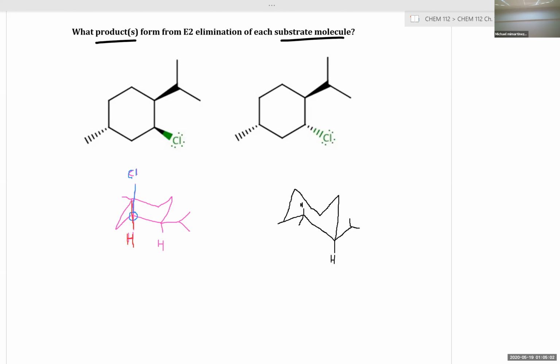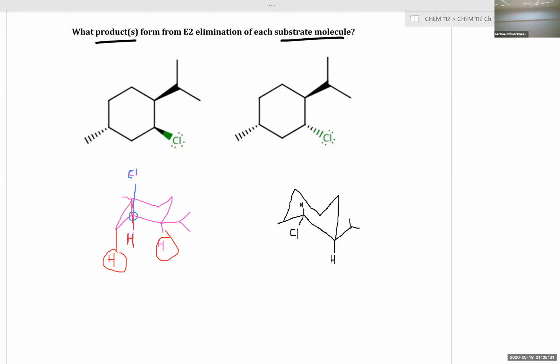So the structure on the left looks good. Just try to carefully identify your trans-diaxial hydrogens, the hydrogens on an adjacent carbon that is also in the axial position that's trans to our leaving group. And there are 2 of them for the structure on the left. Yep, and yep, exactly. And then determine which one's more reactive.